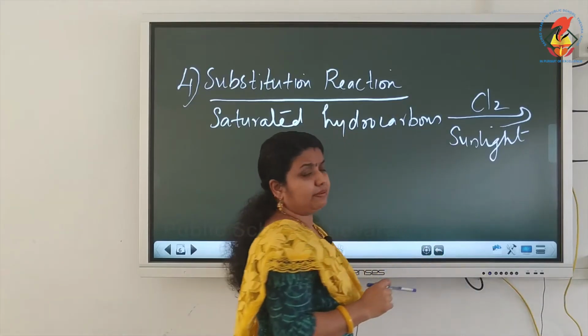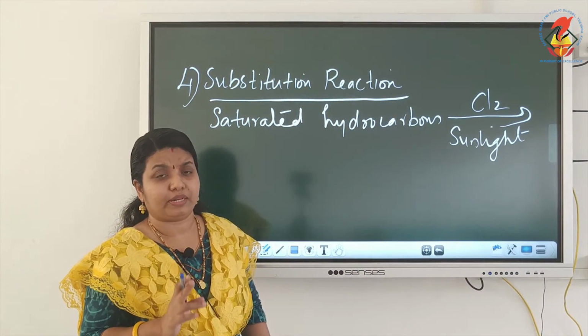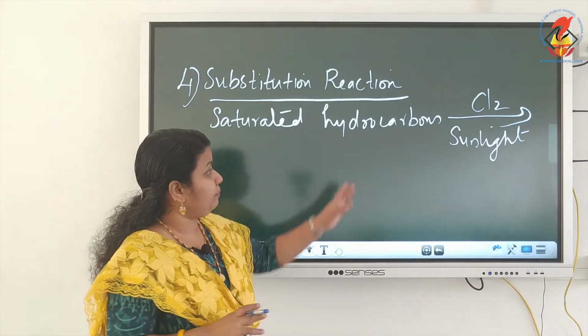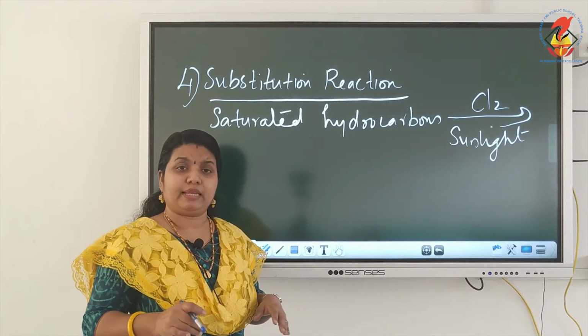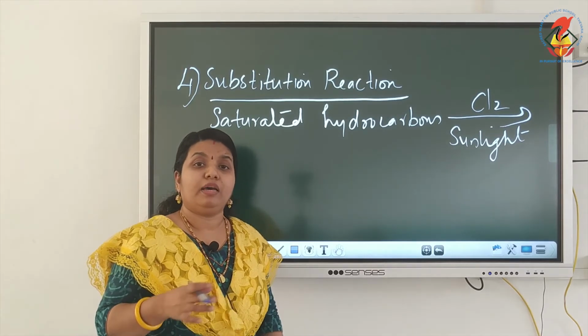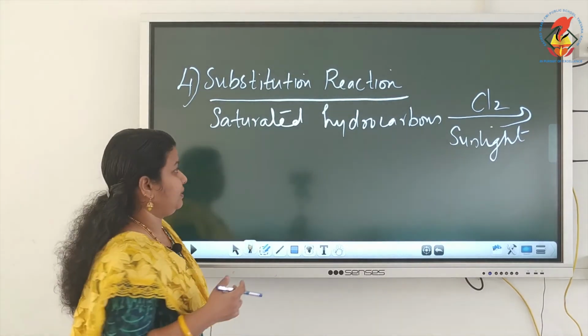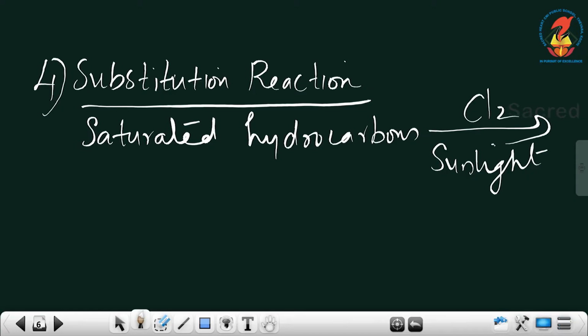So you have to learn the substitution reaction of saturated hydrocarbons. Saturated hydrocarbons undergo substitution with chlorine in the presence of sunlight. In this reaction, the hydrogen atoms in the hydrocarbon are removed one by one, substituted one by one. So we will write it with methane.